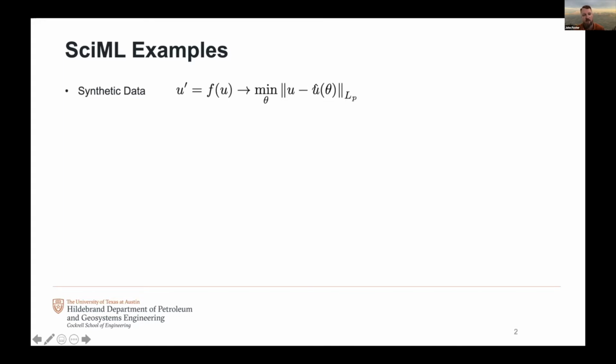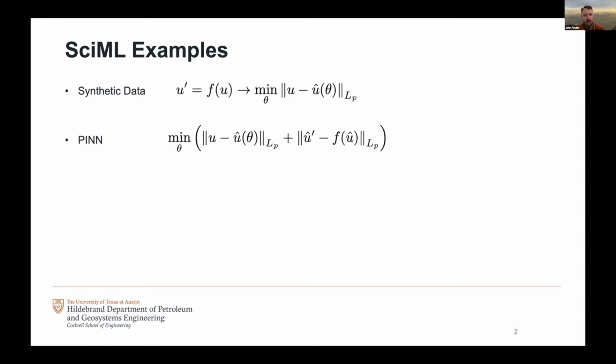So in these examples, when I have a hat above u, it's a parameter that I'm estimating, in this case parameterized by theta, some parameters. We've done this for a long time, using physics solutions of ODEs and PDEs to generate data that we'll use for surrogate modeling. So I'm going to include that in scientific machine learning.